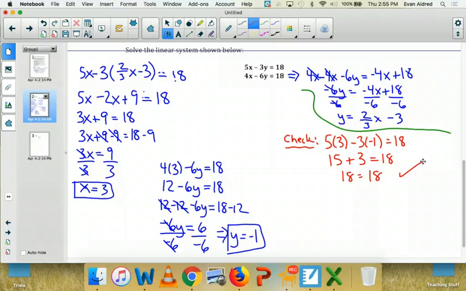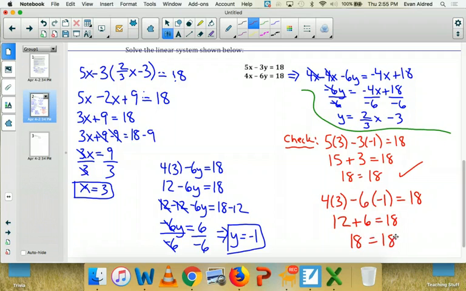Now let's make sure it works with our bottom equation. So where I see an x, I'm going to substitute in a 3. Where I see a y, I'm going to substitute in a negative 1. And we're going to hope that we know what we're doing and that it works out. And it does again. So this check is really, really useful if you have the time to do it, and some questions may ask you for it.